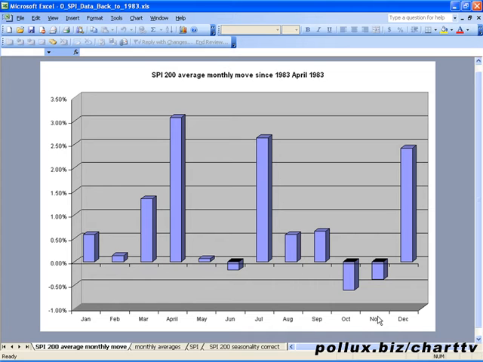I have data here for this market going back to April 1983 up until about 2005, and what we have here is that we can clearly determine that April is by far one of the most bullish months. On average it's up 3%, and here we have December, which turned out to be the most bullish month. On average it was up over 2.5%.